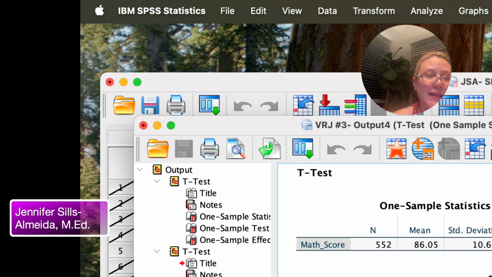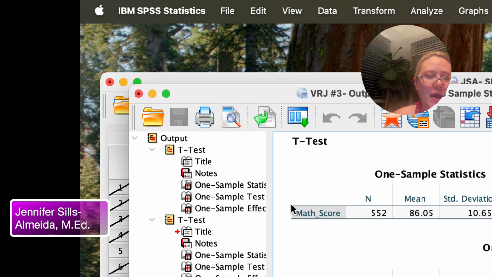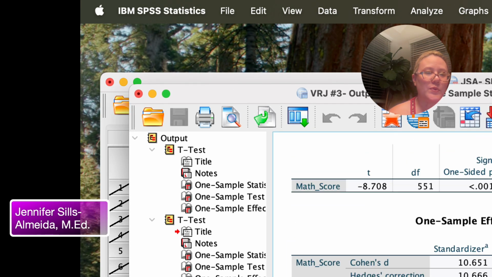Now I have 2 t-tests, just so you know, because before I had run it for 90 and I did it at 90 again, so it just shows that amount. So there's multiple things that we need to look at when we're looking at the t-test. This t-test is great because it's going to allow us to see several different concepts.